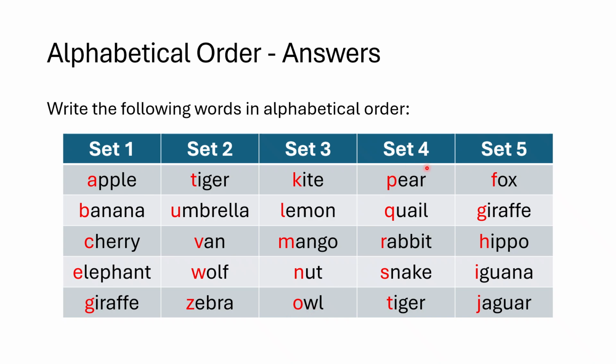Set 4, P for pear, Q for quail, R for rabbit, S for snake, T for tiger. Set 5, F for fox, G for giraffe, H for hippo, I for iguana, J for jaguar.